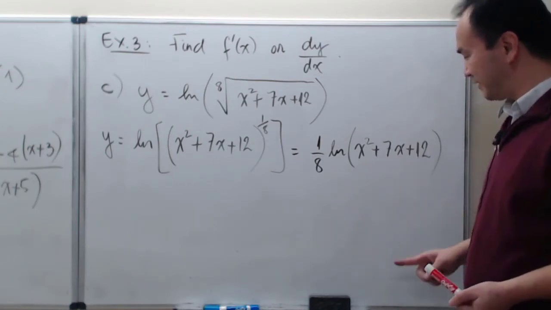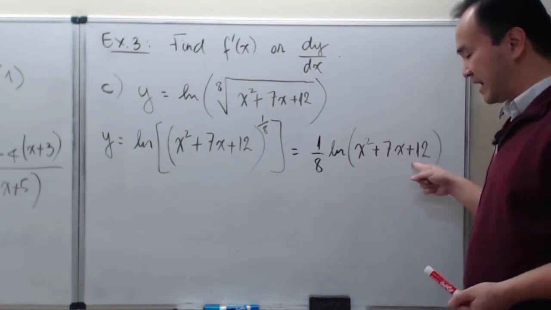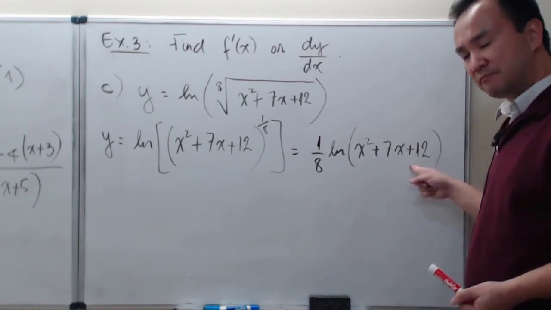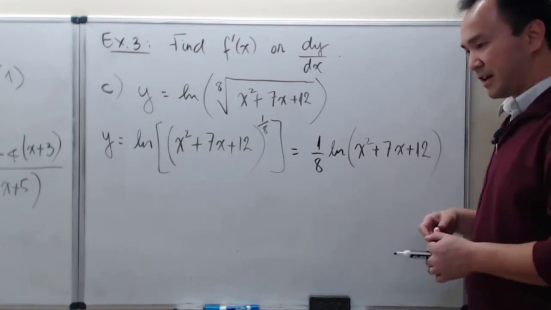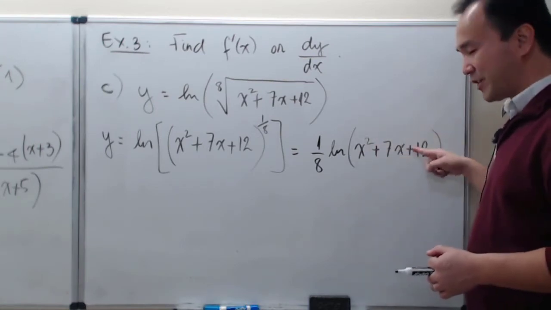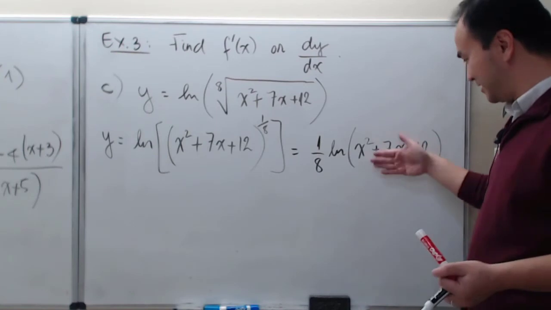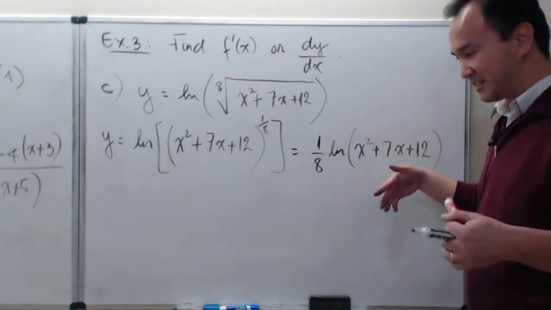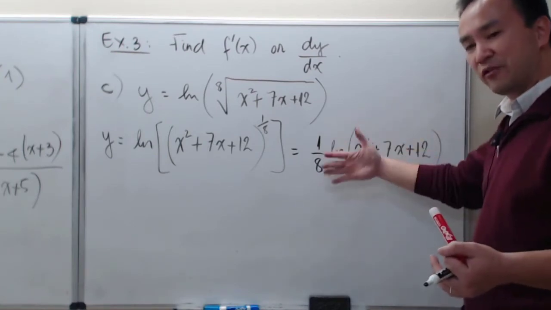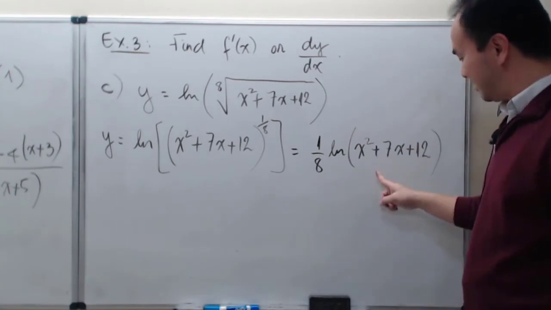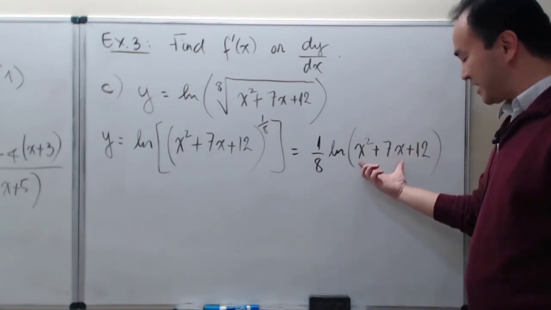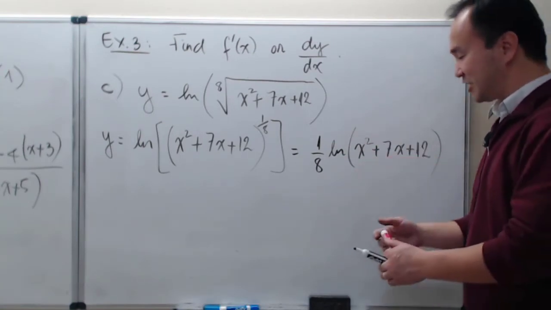What do we observe here? x squared plus 7x plus 12 can actually be factored. In case the quadratic here is not factorable, then go ahead and take all that as an inside function and start applying your chain rule from here, which is just fine. But since I can break it down even further, then let's do it.